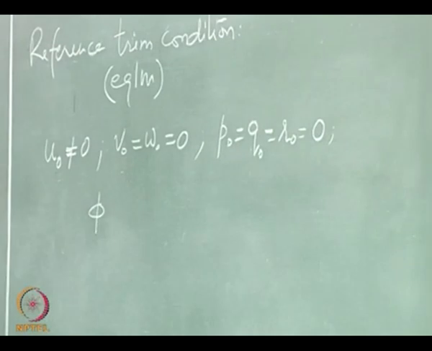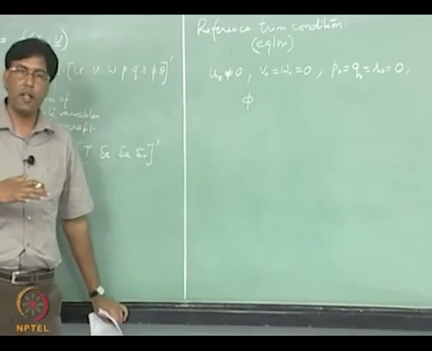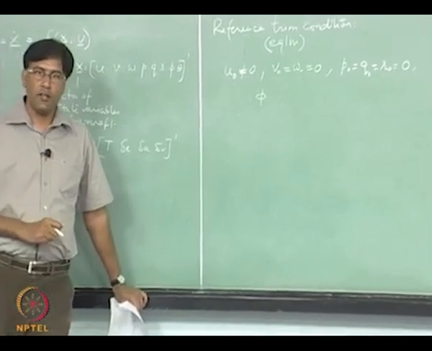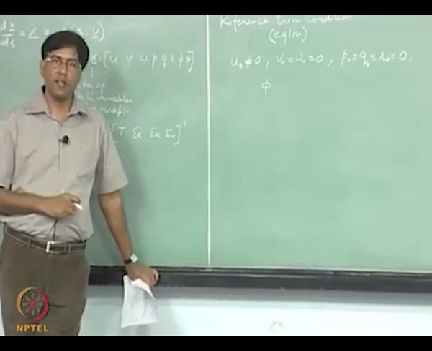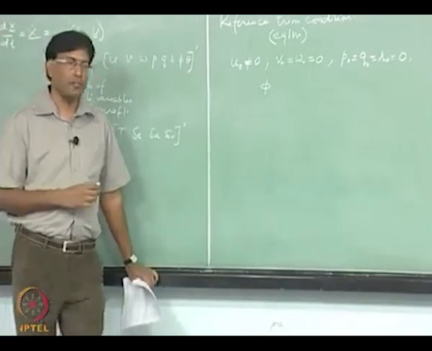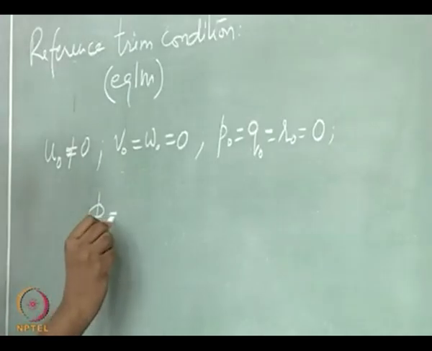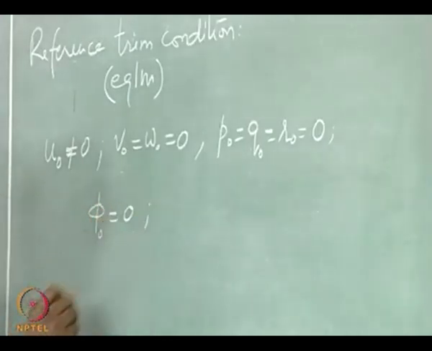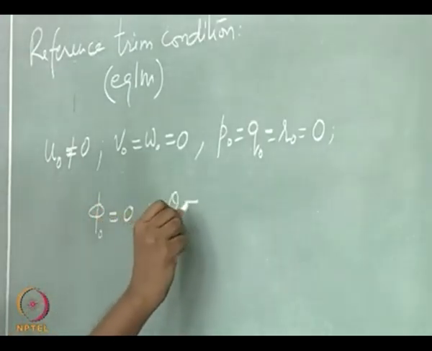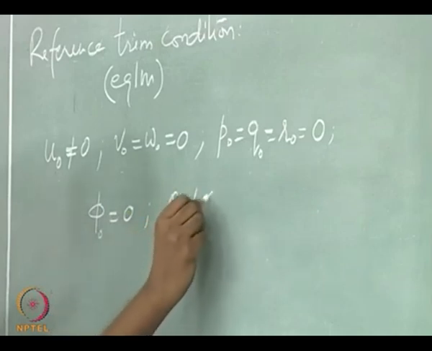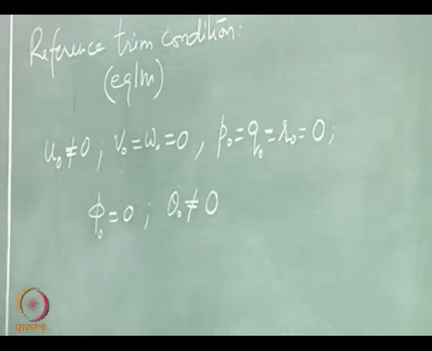And it is a longitudinal flying condition. So, the wing bank angle is also 0. Let us say the pitch angle is not 0, so that I am talking about all kind of flying conditions in the longitudinal plane.